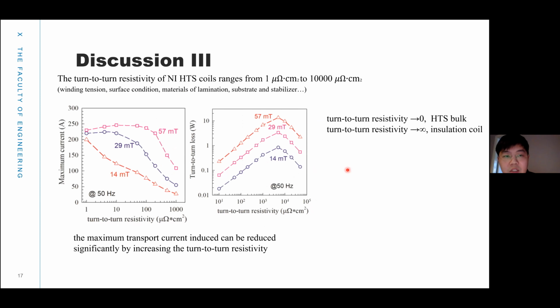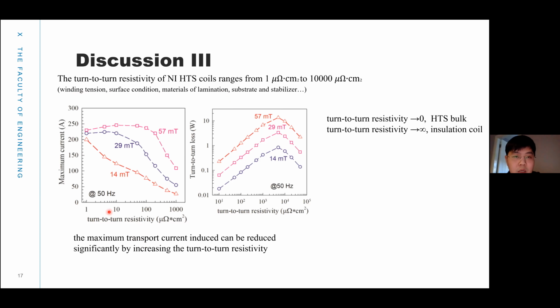We also discussed the turn-to-turn resistivity of the NI-HTS coil. Normally, it ranges from 1 microohm square centimeter to 10,000 microohm square centimeter, depending on the winding tension, the surface condition, and the material of the tape.